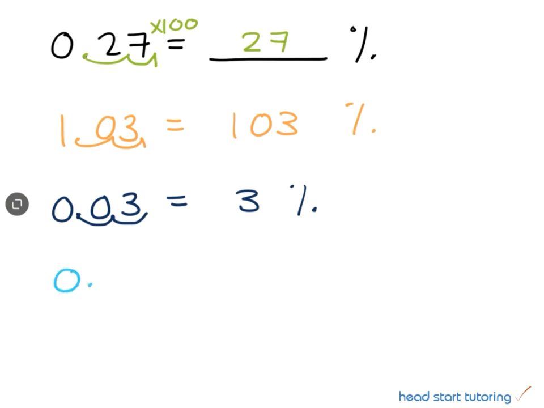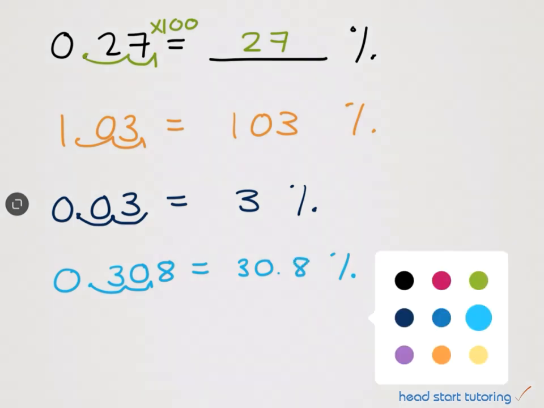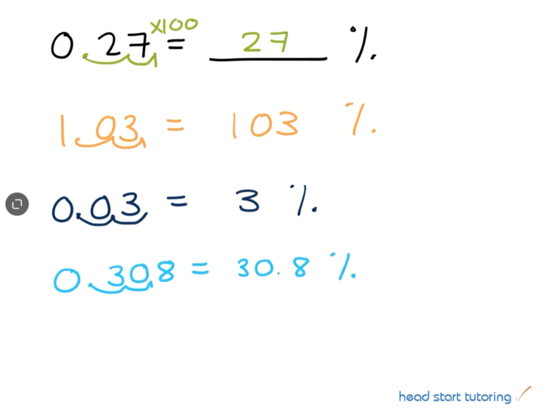Converting 0.308 into a percentage, I need to multiply it by 100 to get 30.8%. 0.982 into a percentage, I multiply by 100 to get 98.2%.